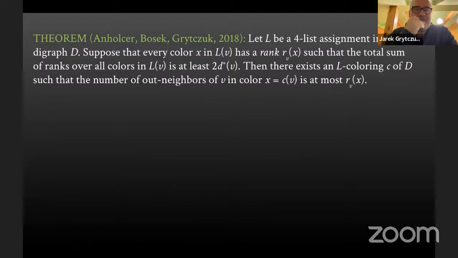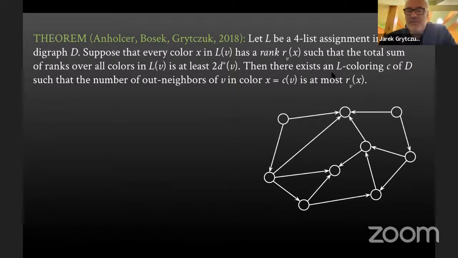Okay, and here is a formulation of our theorem that gives this for choosability in a majority sense. As you see, it's rather complicated, but I will illustrate this theorem on a picture, and we will try to make it understandable. First, I will just explain what this theorem says.